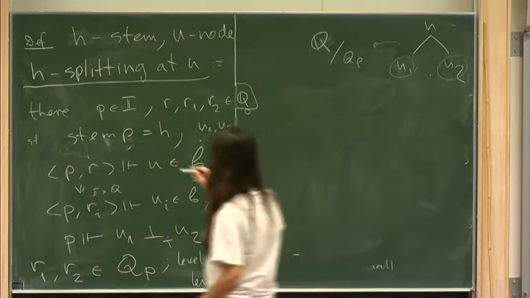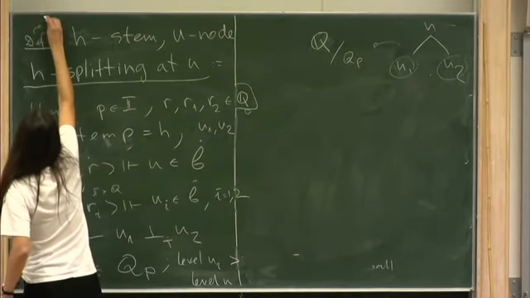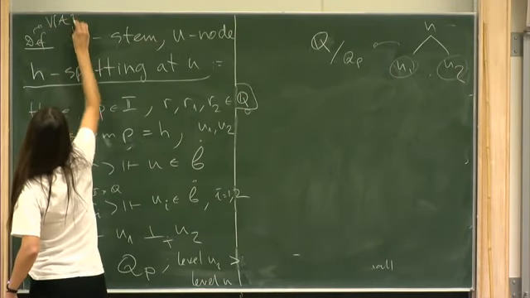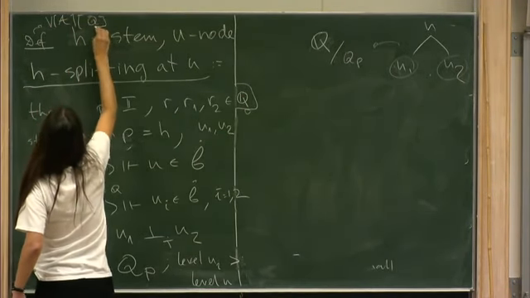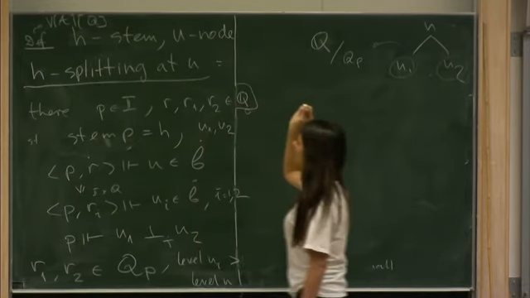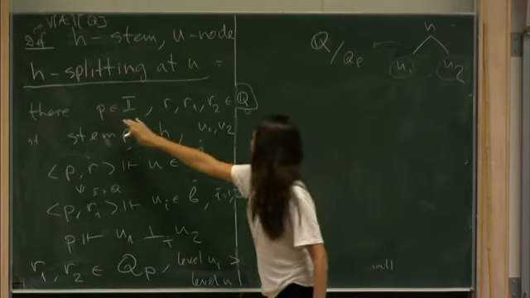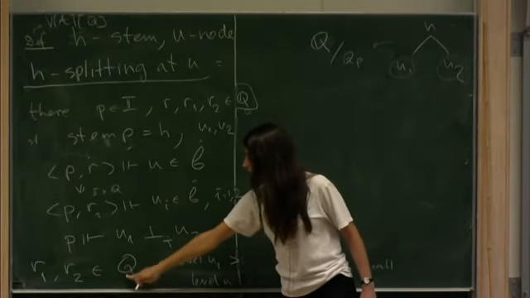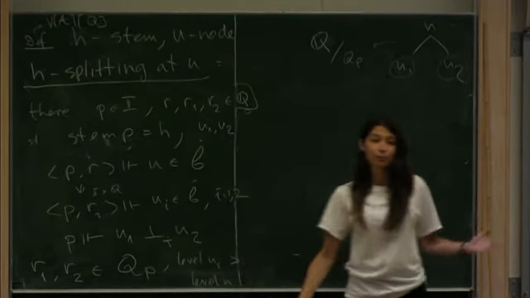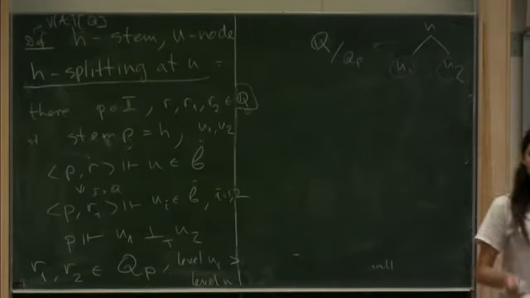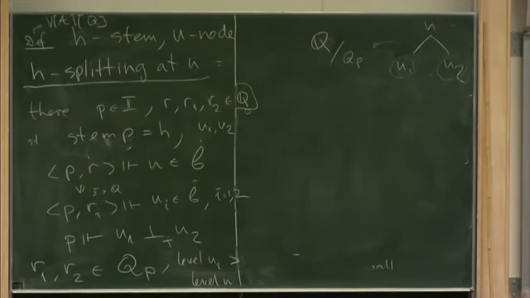And let me make one note. This definition is done in V[A][Q], right? Because I'm saying there exists such a P, and then here I talk about the generic for Q_P. So I have to work in a model which knows about all of these generics.